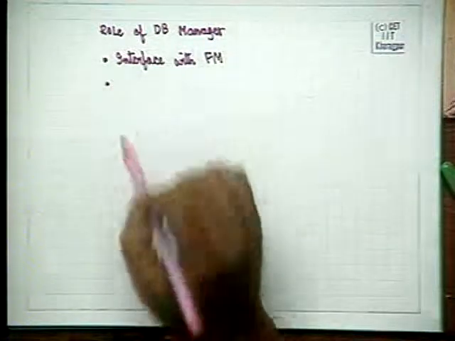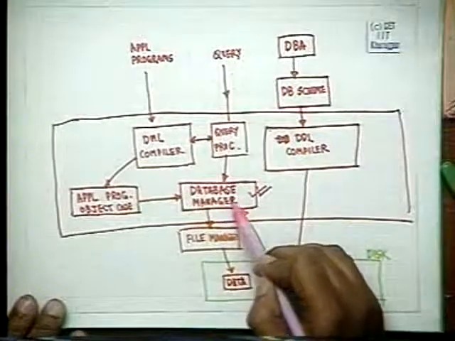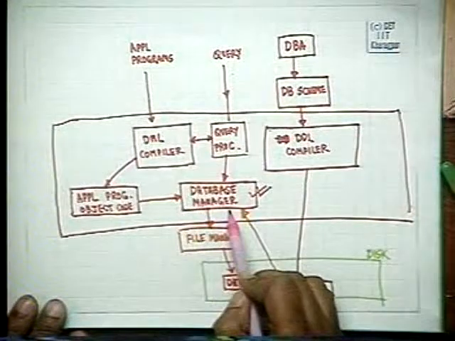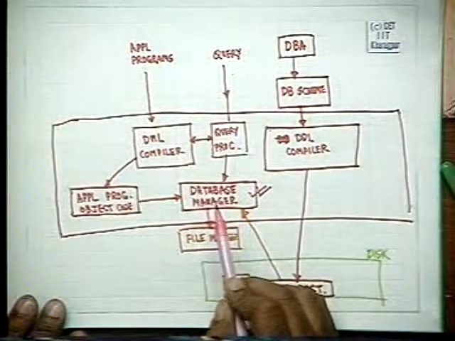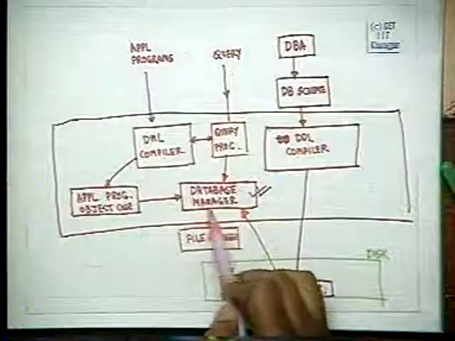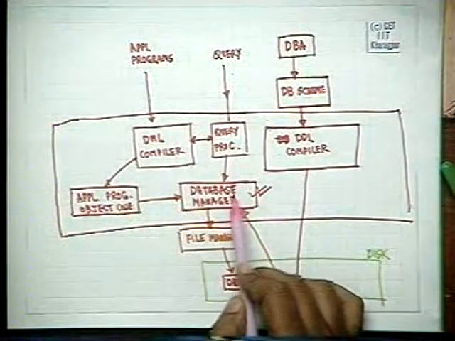The second is integrity constraint enforcement. Whatever integrity constraints are defined here will have to be checked. All backup and recovery are handled here. The concurrency control is handled here, and many other things which are problems of standard file systems are all controlled by this database manager.